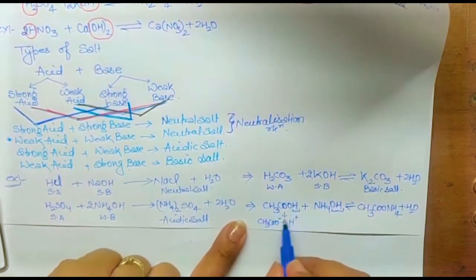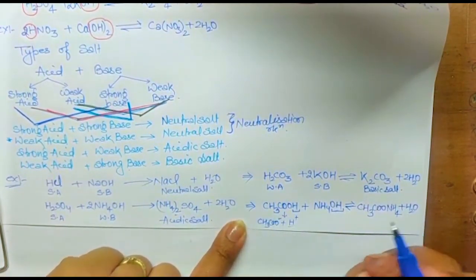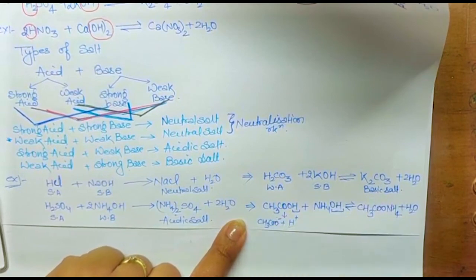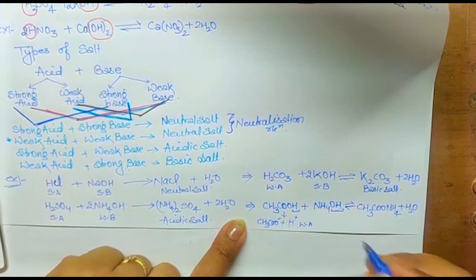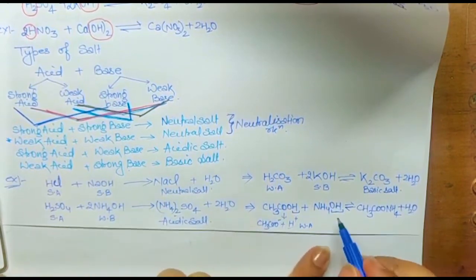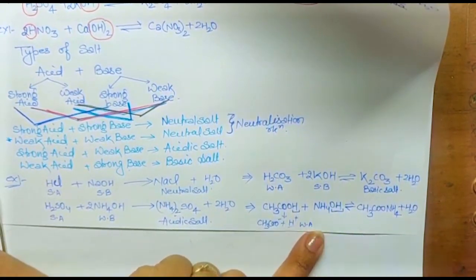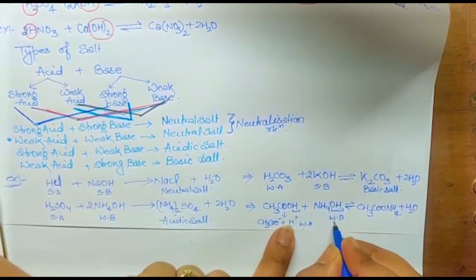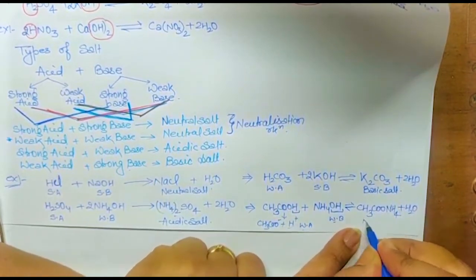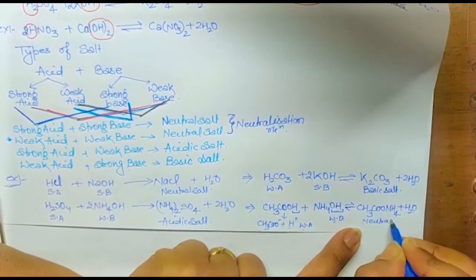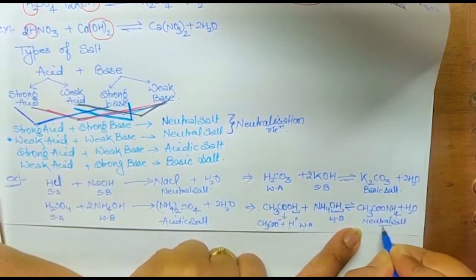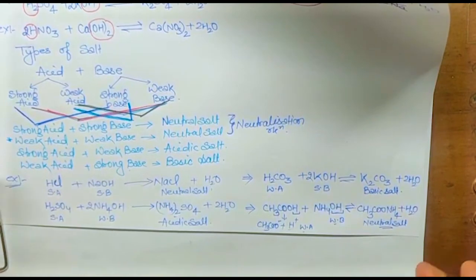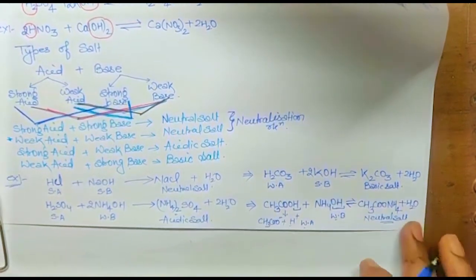So is this one strong or weak? It's a weak acid. Yes, because carbon is there. So weak acid. And this one is a weak base. Why? Because OH is not with Na or K, isn't it? So this is also a weak base. So weak acid, weak base. Salt will be a neutral salt. Yes, although this reaction won't happen in normal condition, heat करना पड़ेगा, but it will give you a neutral salt.